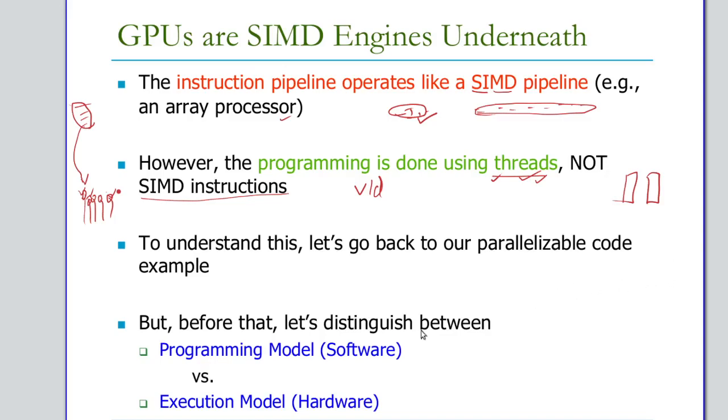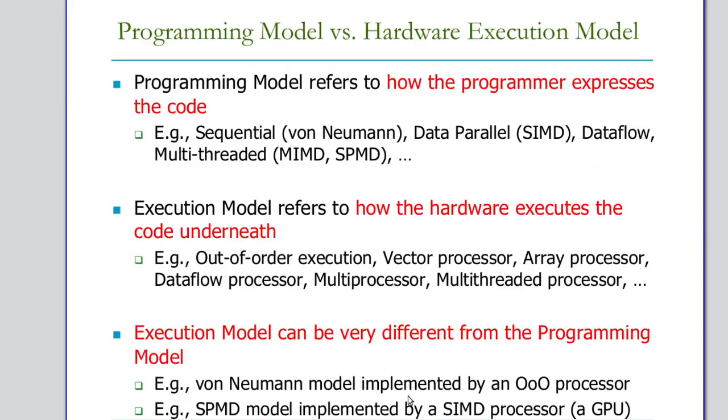Before that, let us understand the difference between a programming model and an execution model. Programming model refers to how the programmer expresses the code. Maybe he is writing code in a sequential manner, or maybe he is aware of the architecture and writes in a data parallel, data flow, or multi-threaded manner.